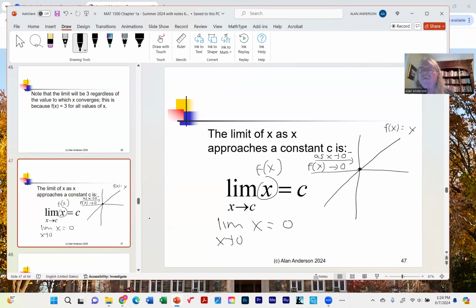And as I approach from the right, the function converges to 0. So if I tried 1, the limit would be 1. If c equals 2, for example, then the limit would be 2. So the limit in this case is just the constant that we are converging towards.